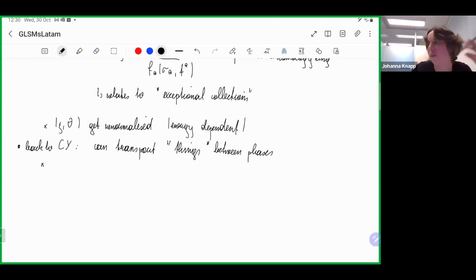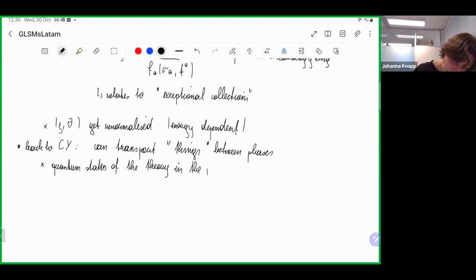And then you have state spaces and Hilbert spaces of quantum states. You have creation and annihilation operators. So what do you do when you quantize a quantum field theory? It's not too magical. You can ask, what are my quantum states of the theory in the phase, or the phases?